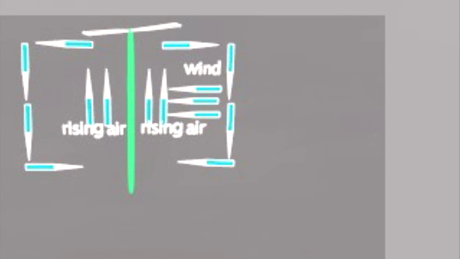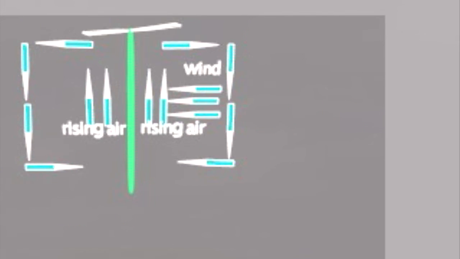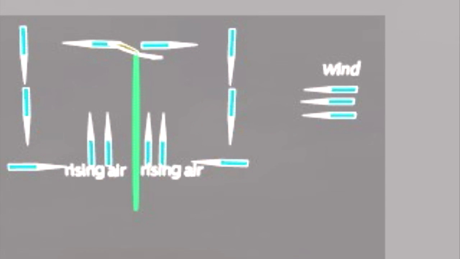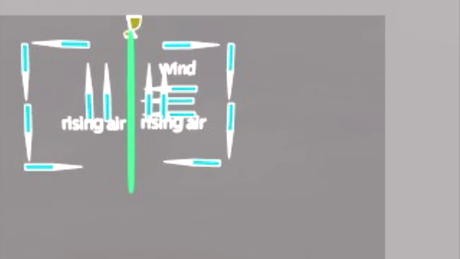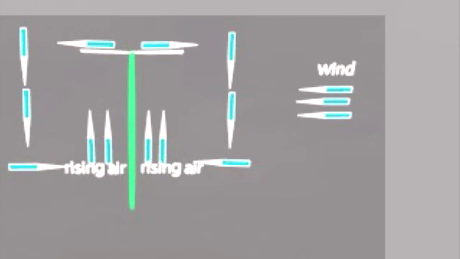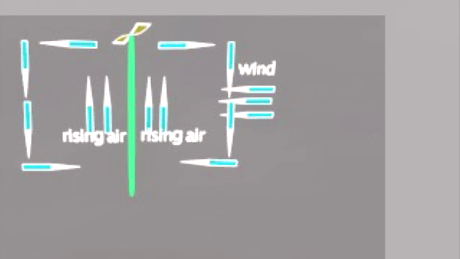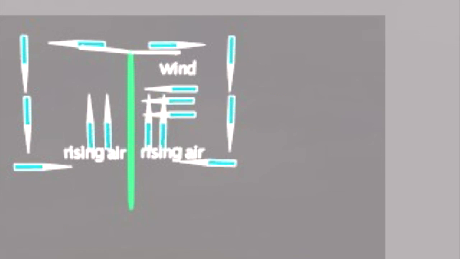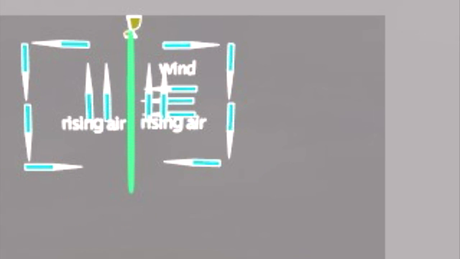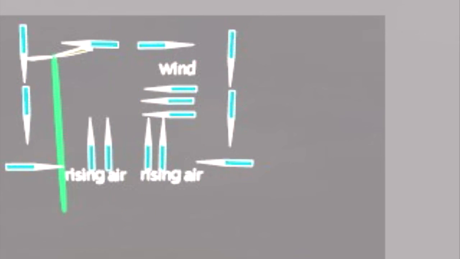But if the wind only makes the spin faster at a certain angle, it will bring it up. It spins faster, which pushes the air to the side faster, giving more force from the rising air, which brings it much higher into the sky, much faster.